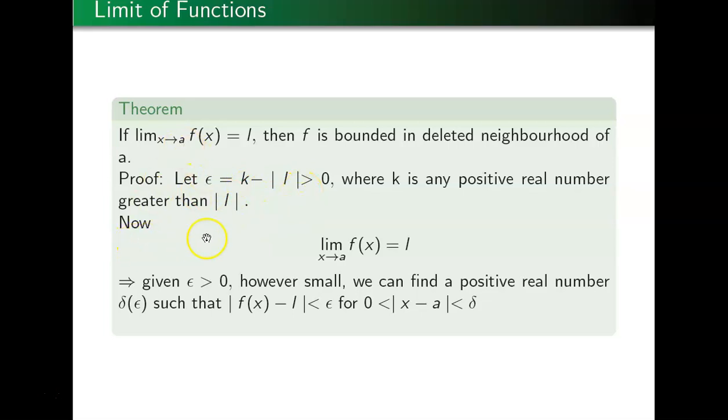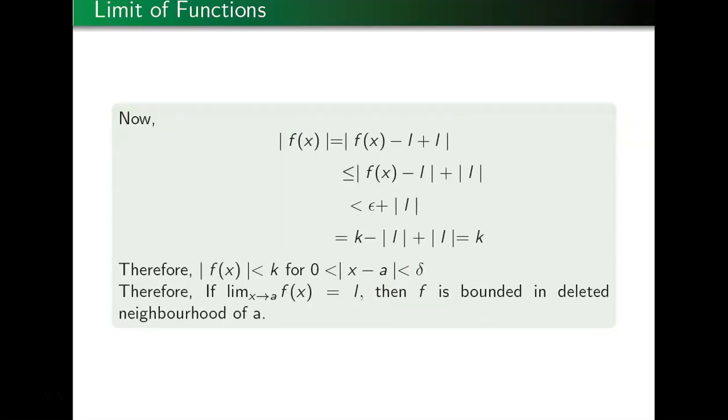Given that the limit of f(x) as x approaches a is L, we use the epsilon delta definition of limit: for a given epsilon greater than 0, however small, we can find a positive real number delta depending upon epsilon, such that mod f(x) minus L is less than epsilon for 0 less than mod x minus a less than delta.